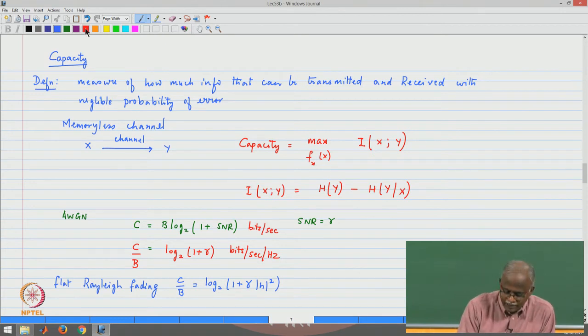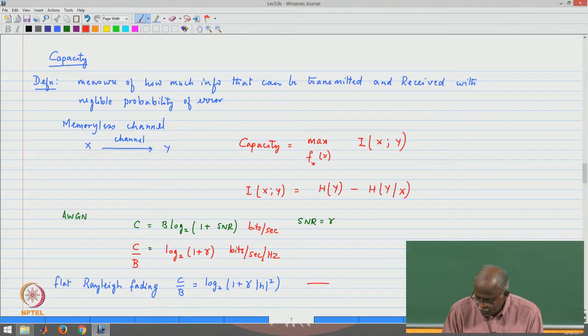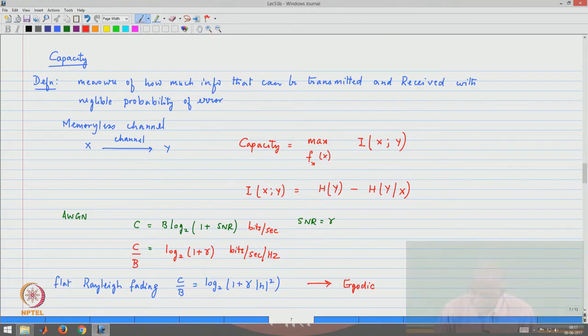And of course, this leads us to our understanding of ergodic capacity, where rather than talking about an instantaneous value, we talk about the average or expected value in a fading environment, which is given by the expected value of logarithm base 2 of 1 plus gamma mod h squared. That was our expression for the ergodic capacity.